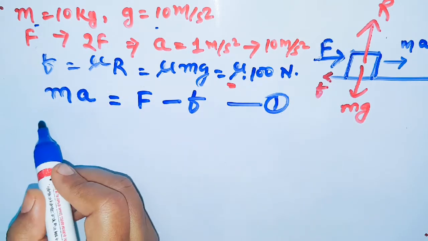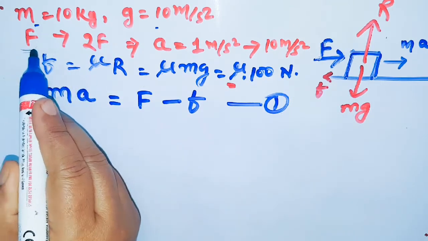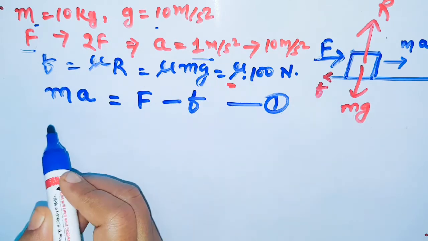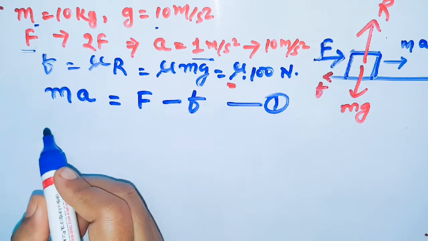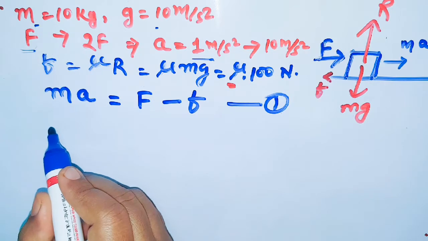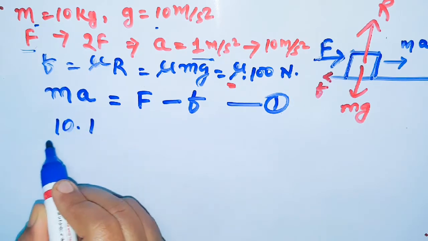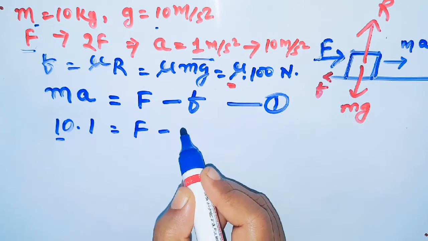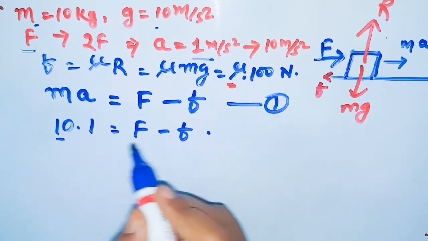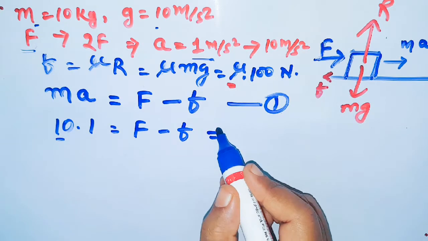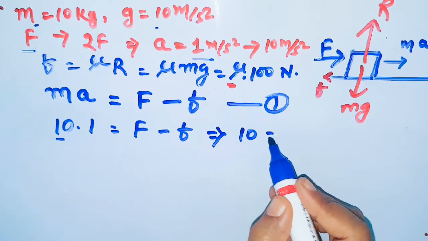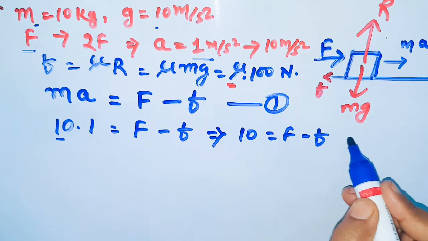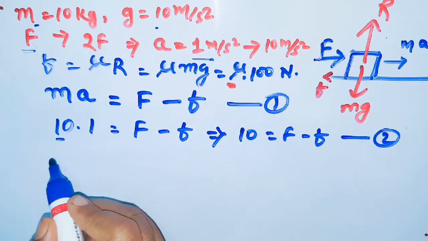For the first case, when the force is F and acceleration is 1 meter per second square, the equation becomes 10, the mass, is equal to F minus f. This is equation number 2.